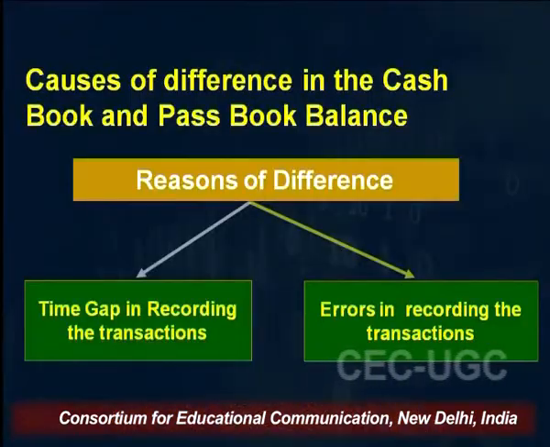The other reason for difference is error in recording the transaction. If we have committed any kind of error in recording the transaction, that causes a difference between the cash book and passbook.